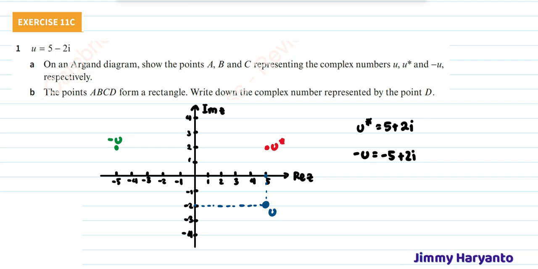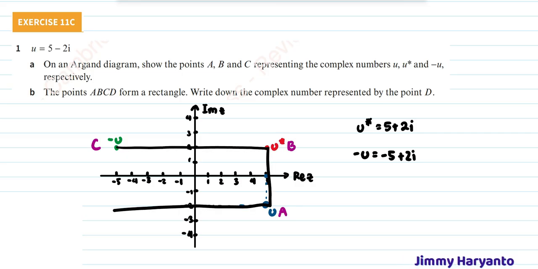Draw the points A, B, C, D to form a rectangle. Write down the complex number that represents the point D. Oh wait, this one is point A. This one is represented as A, this one is B, this one is C. And if you want to create a rectangle, I think you have to do it like this, right?